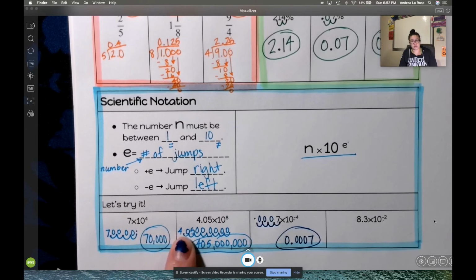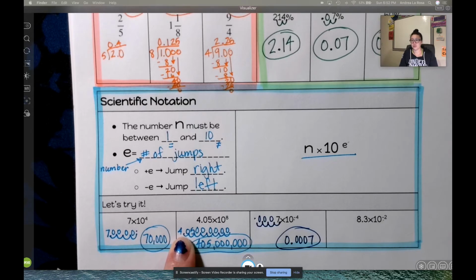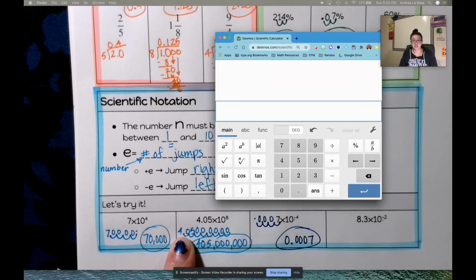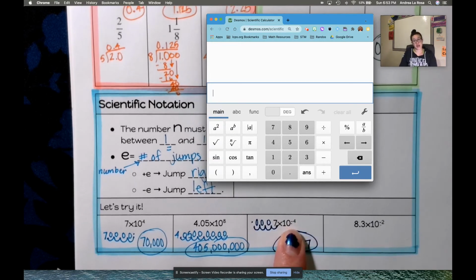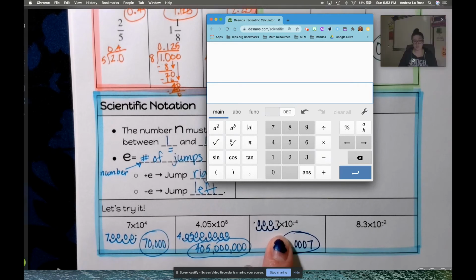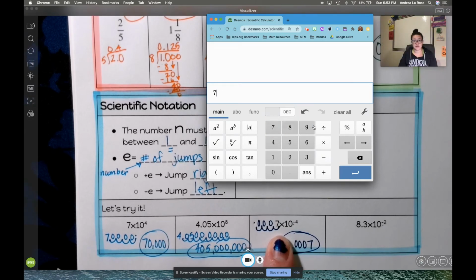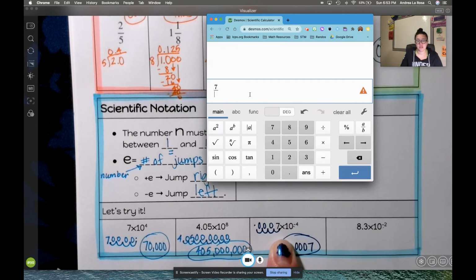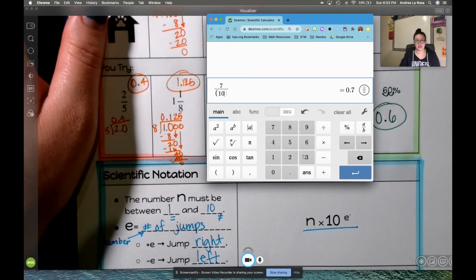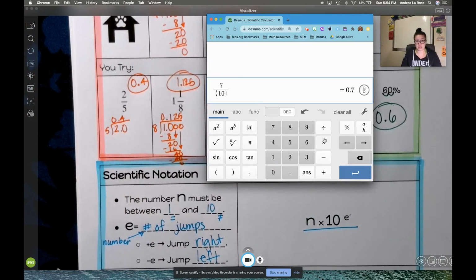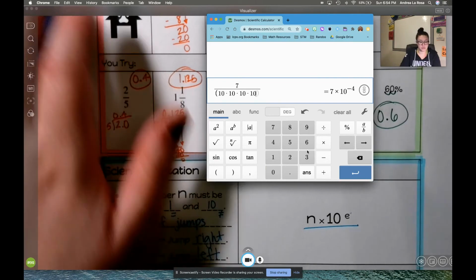On these first two problems on our calculator, we were multiplying times 10 with a positive exponent. If you remember from last year when we did negative powers of 10, if we have a negative exponent with 10, that means we divide by 10. So for this problem, if I want to do it in my calculator, I'm going to do 7 divided by, I do have to do 7 divided by parentheses 10 times 10 times 10 times 10, close my parentheses.